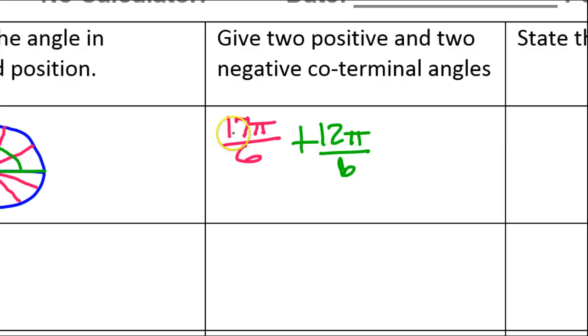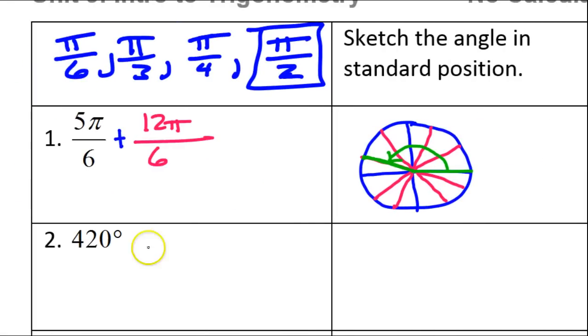This is going to be 29 if you add 17 and 12, so this is 29 pi over 6. So those are our 2 positive coterminal angles. All I did was add 2 pi twice to the original angle.